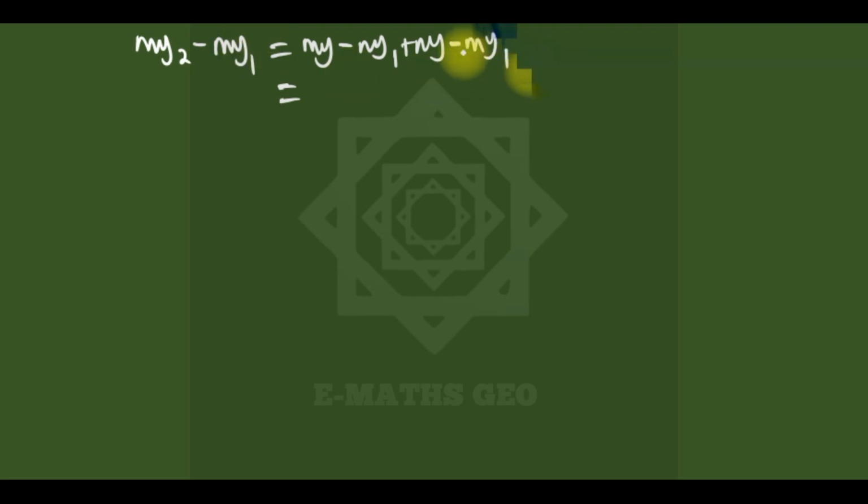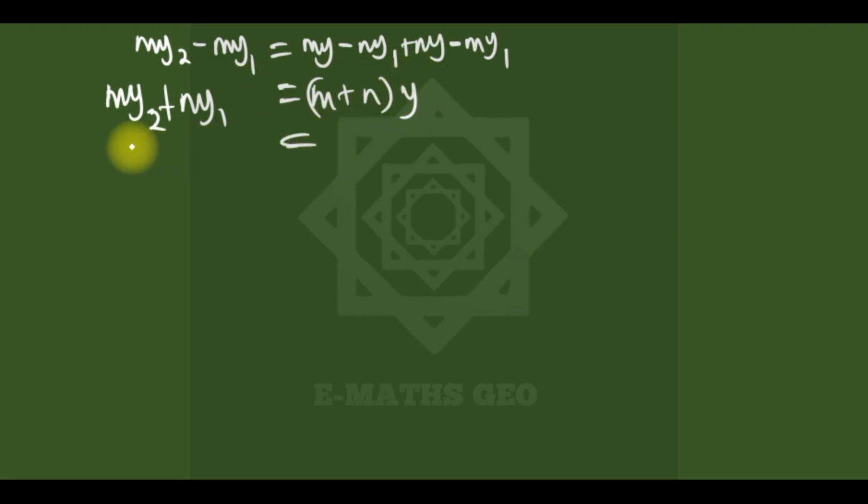I'm seeing minus my1 here and minus my1 there, so this is gone. Now this one comes over to be my2 plus ny1, equal to my plus ny, so m plus n times y. So we now have that y is equal to my2 plus ny1 over m plus n. So that's the coordinate; I've proved that.